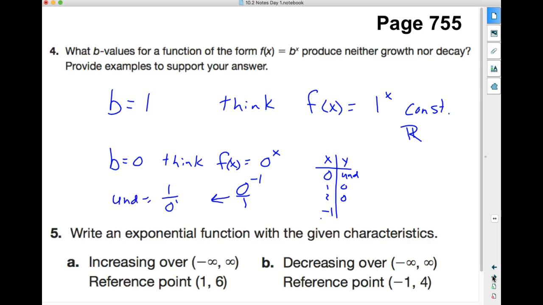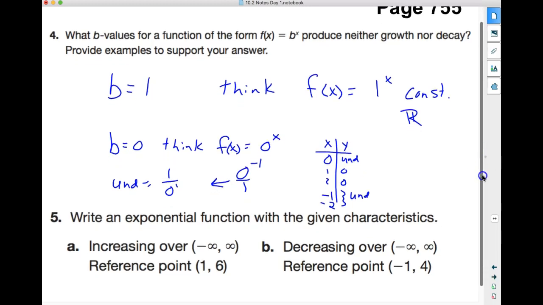So all my negative numbers down here will give me an undefined. So I have a constant function for values greater than 0, but it's constant, therefore it's not growing or decaying. Those are the only two values that will not give us exponential growth or decay, b being 1 or 0.